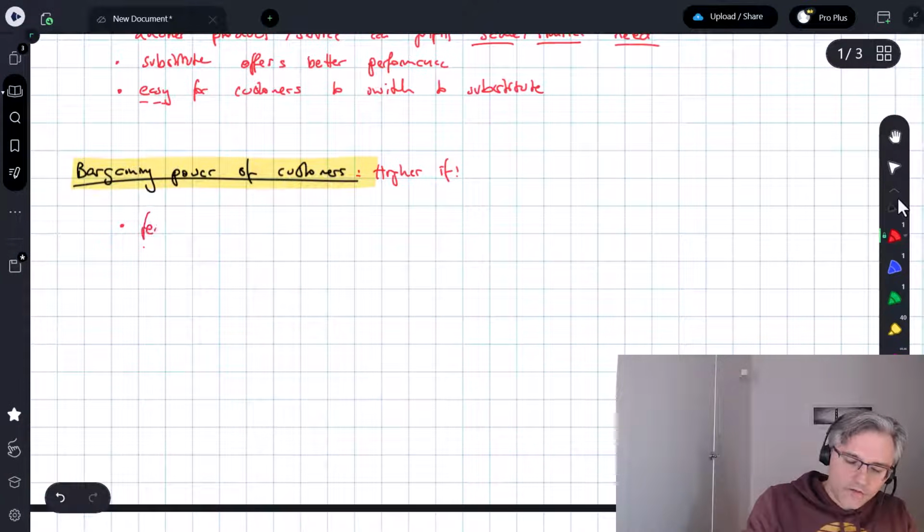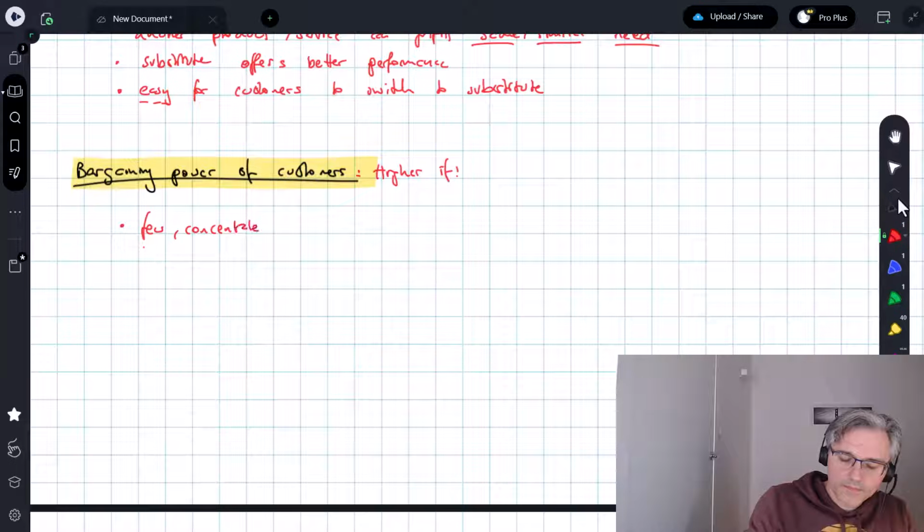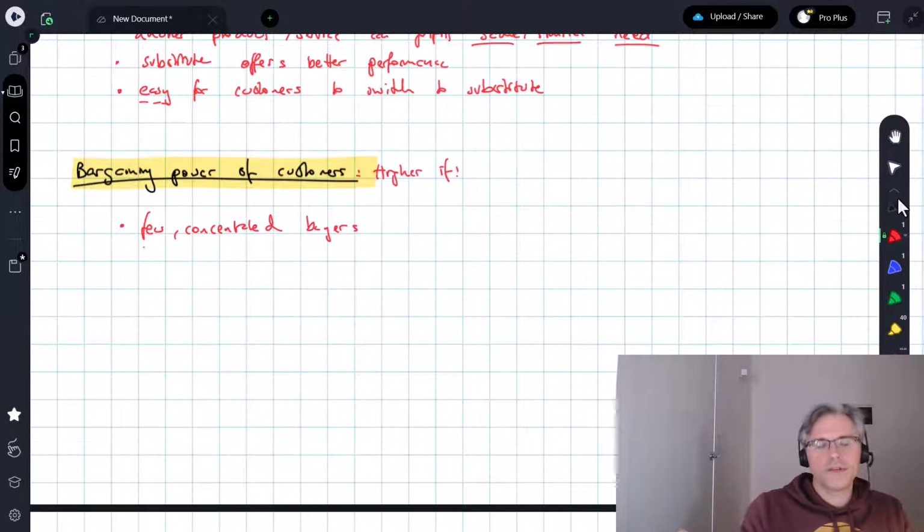So if few concentrated buyers exist, then they will have a lot of sway over your decisions and over your pricing policy. Think about supermarket chains who buy from food producers. They have a lot of bargaining power.